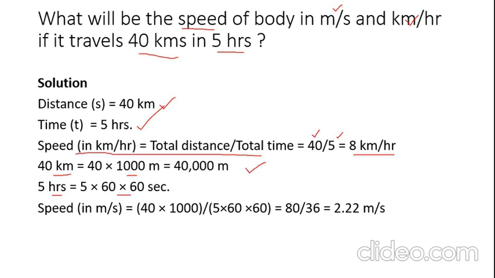Then for 5 hours, 5 into 3600 seconds. Then speed formula, distance divided by time taken. 40 into 1000 divided by 5 into 3600 is equal to 80 divided by 36. If you simplify this further, you will get 2.22 meter per second.